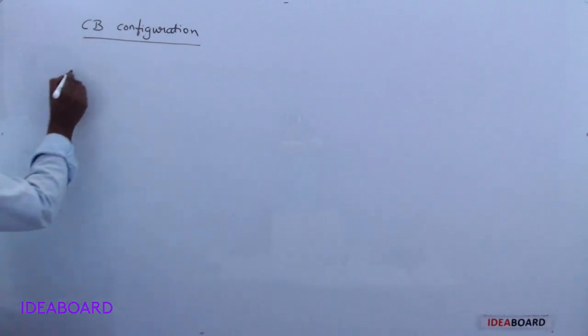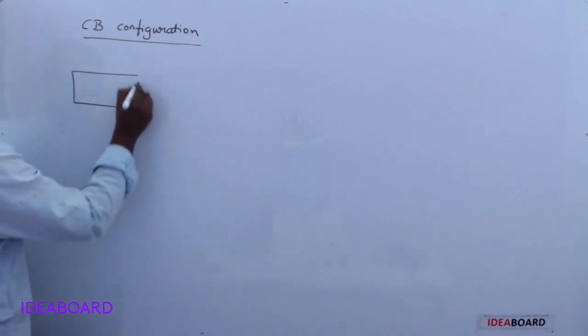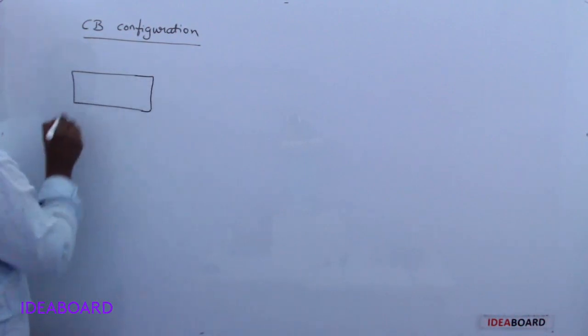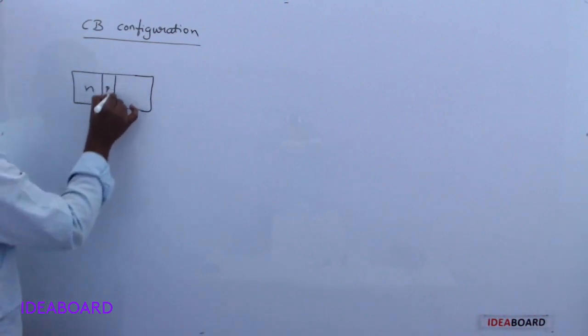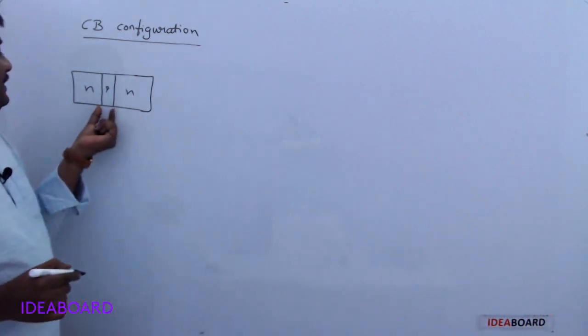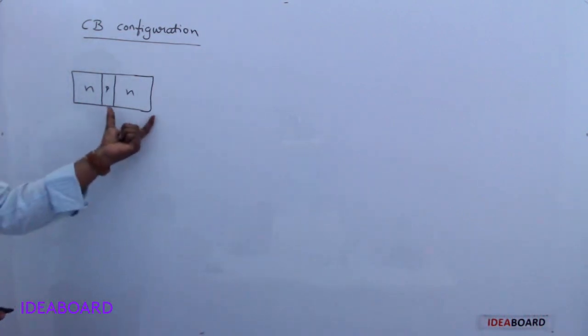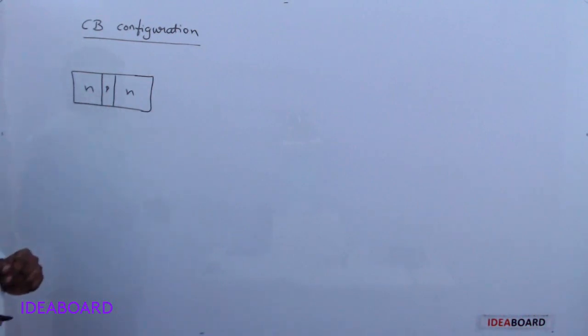So first of all, the CB configuration. In the CB configuration, I would like to take one NPN transistor. Yesterday we discussed the NPN transistor. In this, the base region is always thin, and the collector region is relatively bigger than the emitter and base. Remember now?